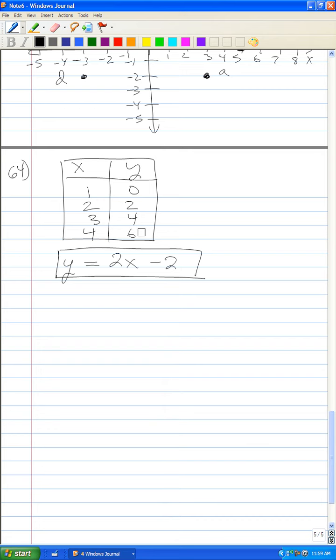Let me do problem number 80. When x is 1, y is 2. When x is 4, y is negative 1. When x is 6, y is negative 3.